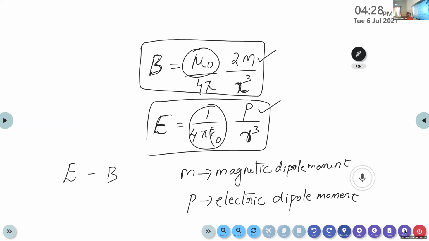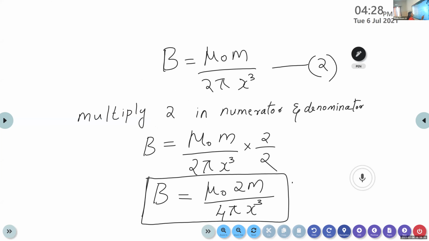So this is the expression for a circular current loop as a magnetic dipole.